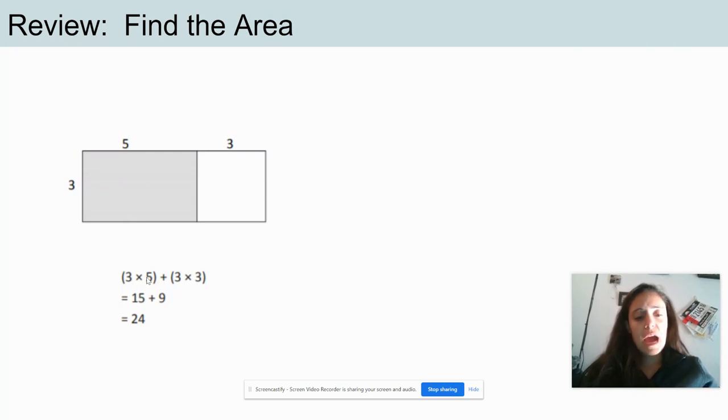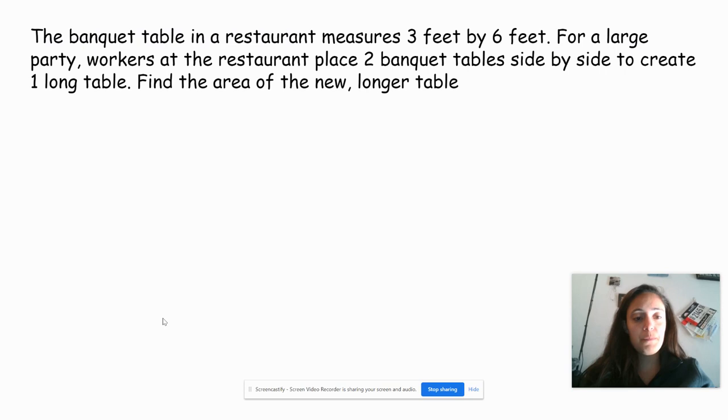So how I would write it is, no matter what, this side length stays the same, so I have 3 times 5 plus 3 times 3. Just like I broke up the boxes, that's how I break up my equation, just like we would with the distributive property. So I know 3 times 5 is 15, and 3 times 3 is 9, so 15 plus 9 is 24.